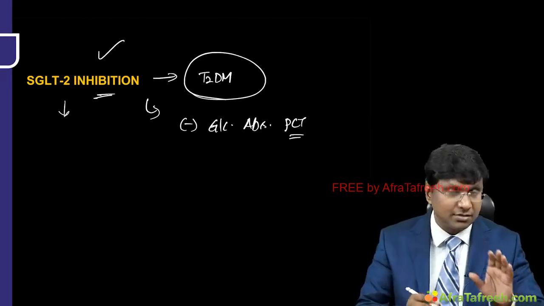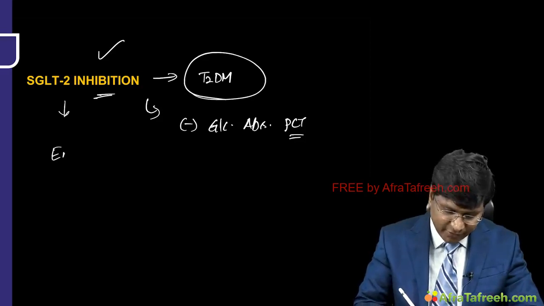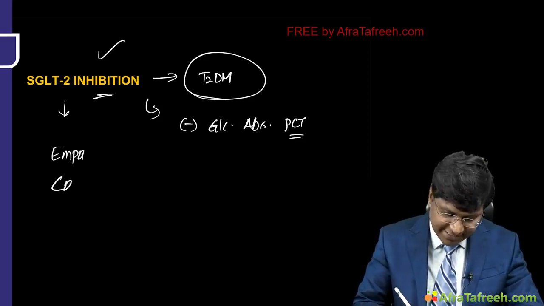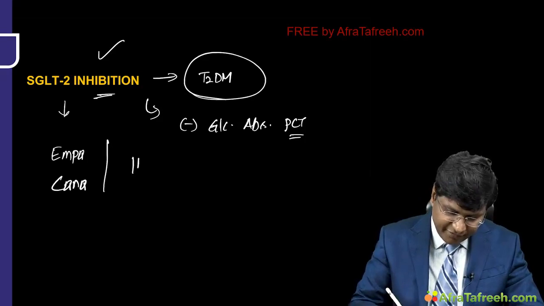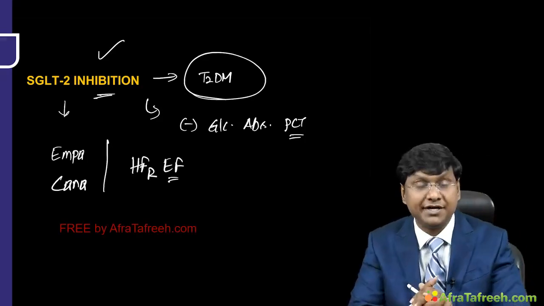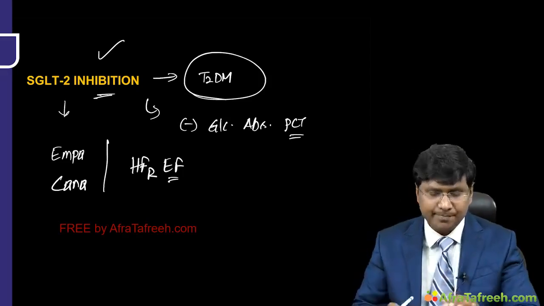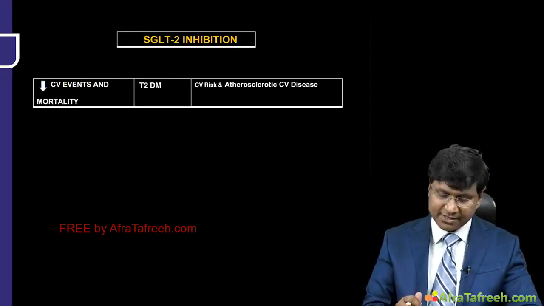Now, these drugs, that is empagliflozin as well as canagliflozin, have been found to reduce mortality in patients with heart failure with reduced ejection fraction. Accordingly, we have some trials. Let me discuss that.